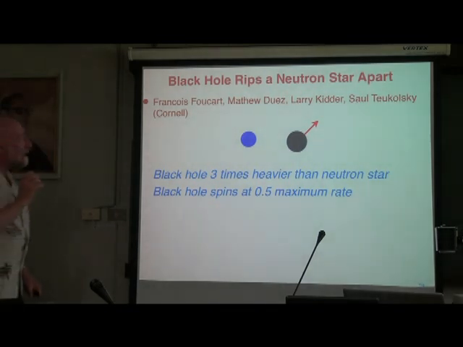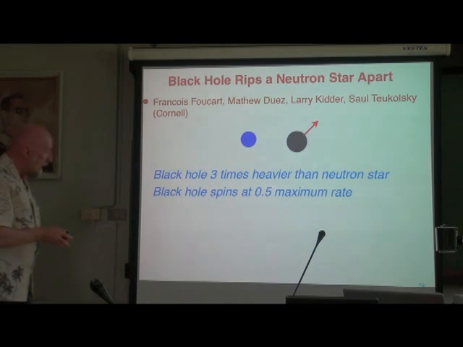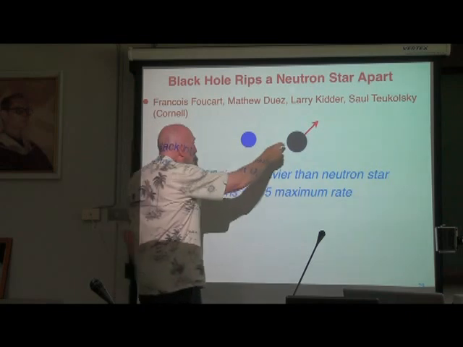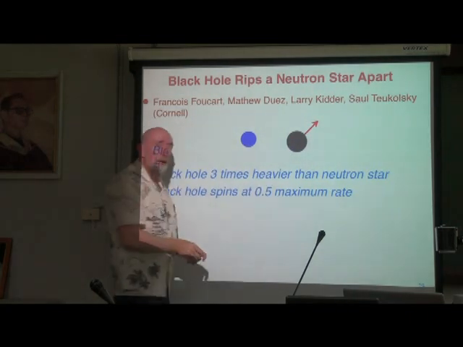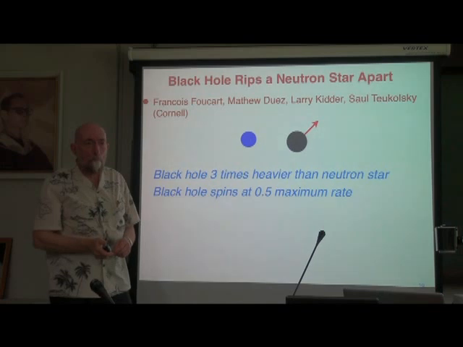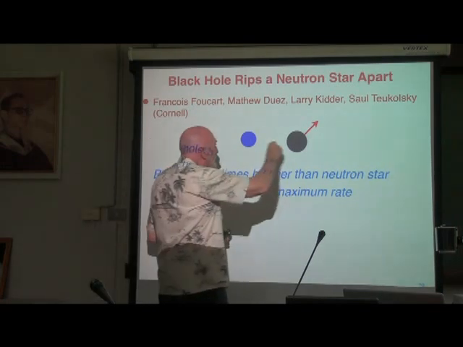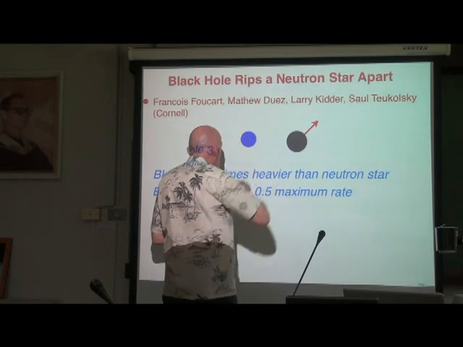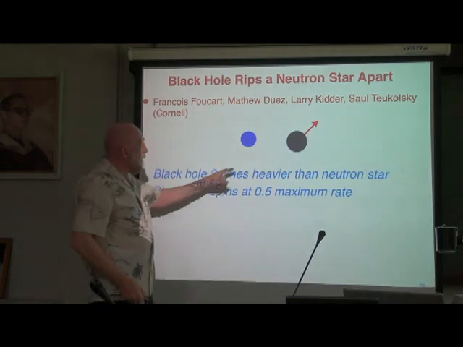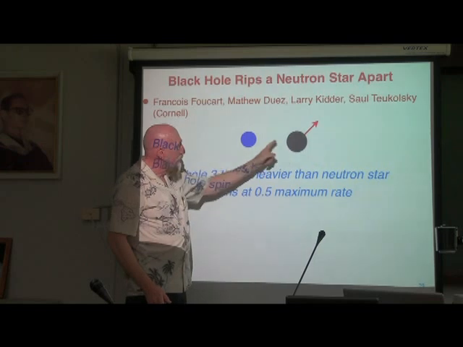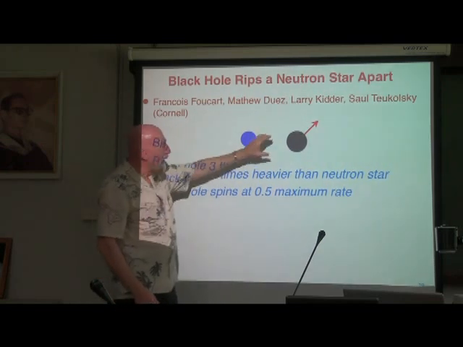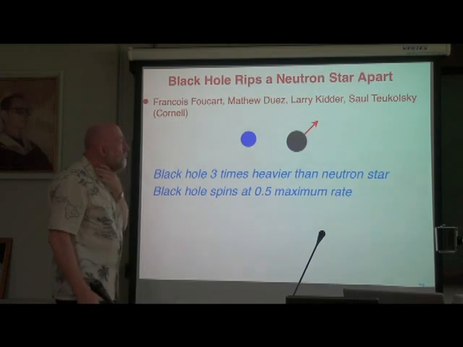Now, to indicate how strong the vortexes and tendexes are, let me show you a simulation of a black hole and a neutron star in orbit around each other. They're orbiting in this plane. The black hole is 3 times larger in mass than the neutron star. It's only slightly larger physically.